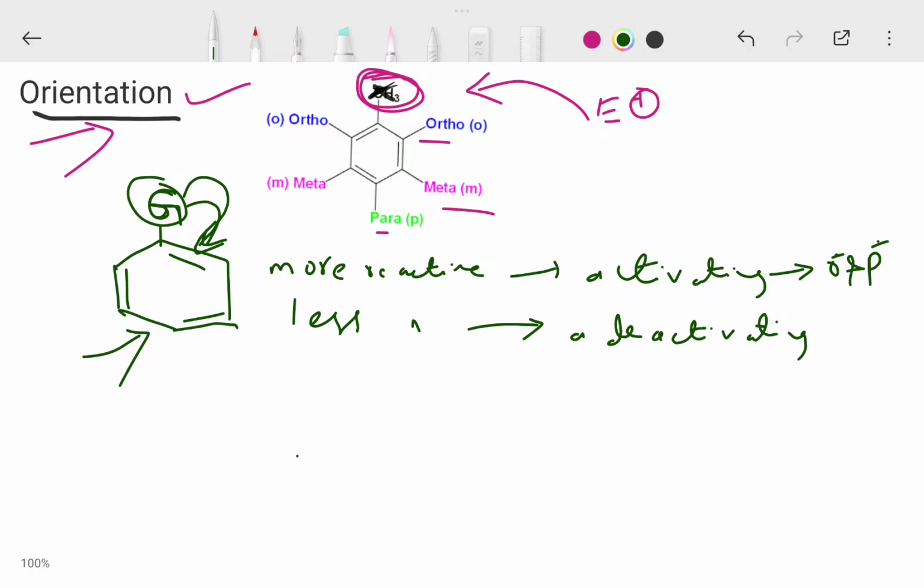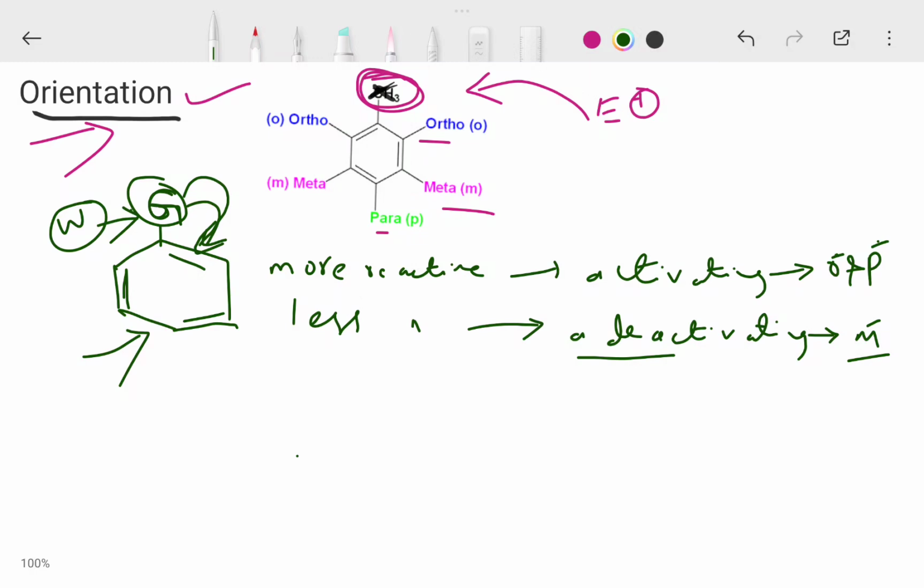If the group on the benzene ring is an electron withdrawing group, it withdraws electrons from the benzene ring and decreases the electron density on the ring. These types of groups are called ring deactivating groups. The rate of reaction decreases and the ring deactivating groups are meta directing groups.